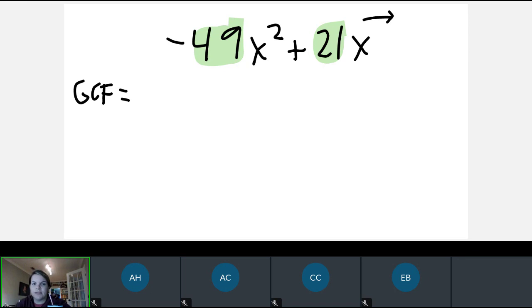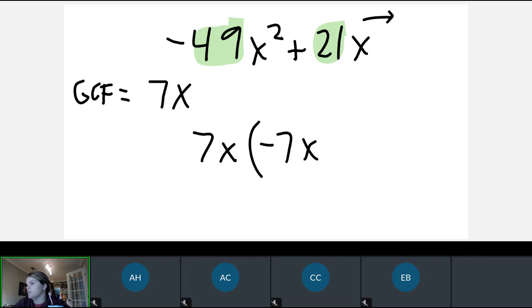What do you think? What would be our biggest number? Good, Erica. So I'm going to pull out a 7. And then my biggest variable would be x. So if I rewrote this, we would have 7x on the outside. Then I would have negative 7x plus 3.